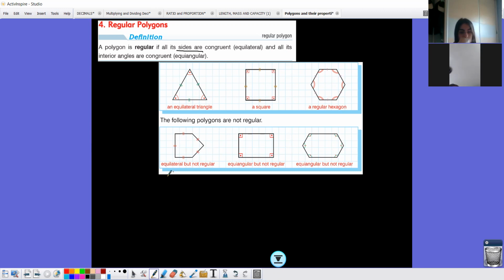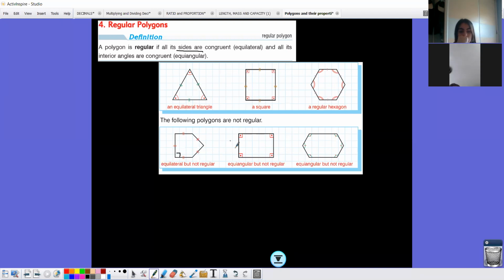But these ones, for example, are equilateral, but not regular. This shape, let's say pentagon, this is a 5-sided polygon, all the sides are given that they are equal to each other, but we don't know about the angles. For example, if these two are 90, the others are different. So this is not a regular pentagon.